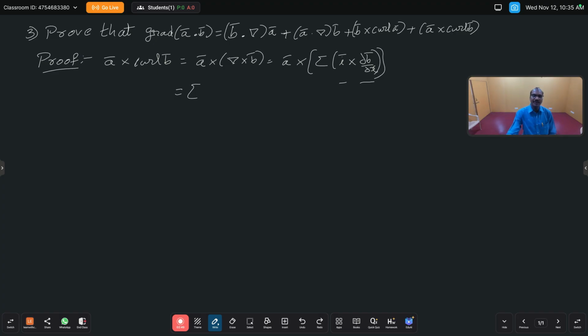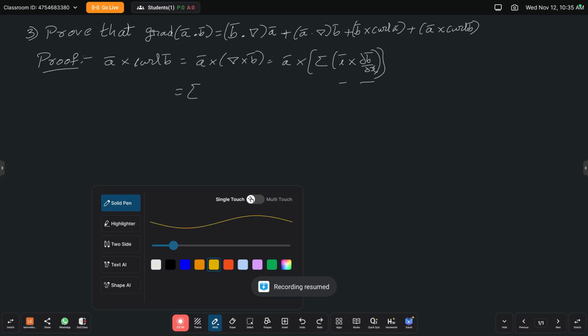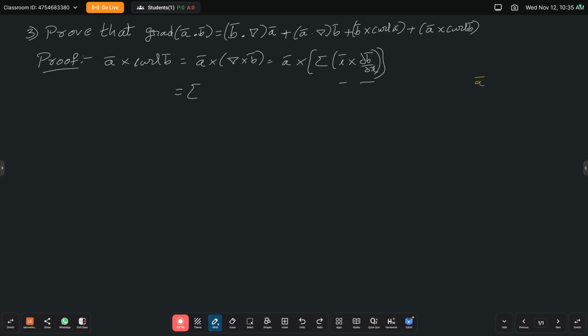To explain this, if we have a bar cross of f bar plus g bar plus h bar, then how can we write this? As a bar cross f bar plus a bar cross g bar plus a bar cross h bar.